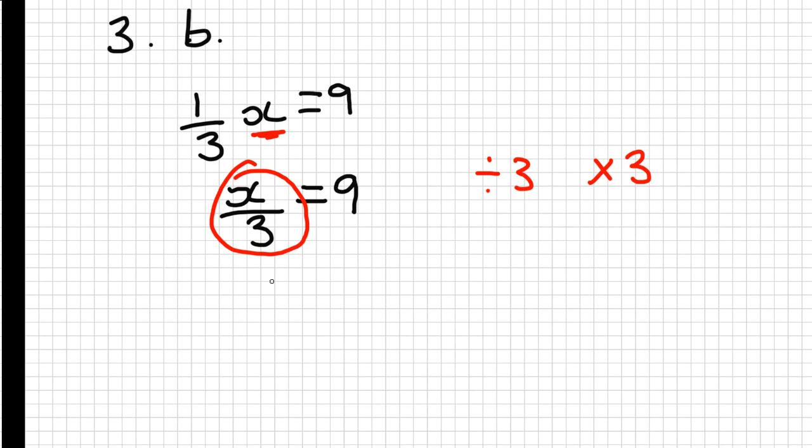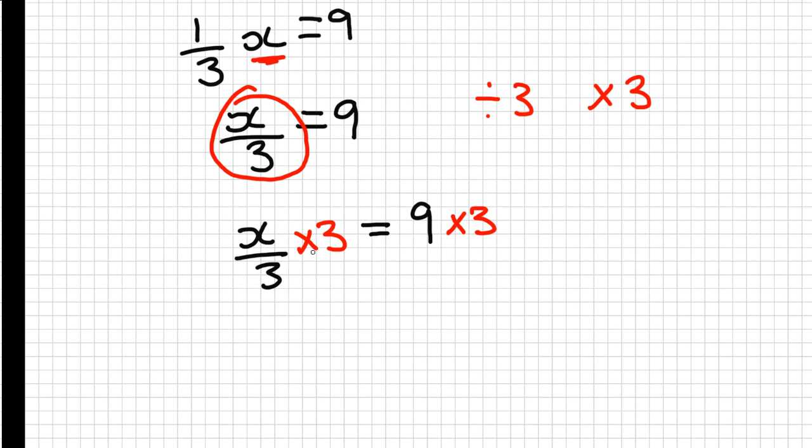Now remember our rule. Anything we do to one side of the equation, we do to the other. So we have x over 3. Apply our inverse operation. Equals 9. Inverse operation is applied to both sides, times by 3. And now what we have here is 3x over 3.